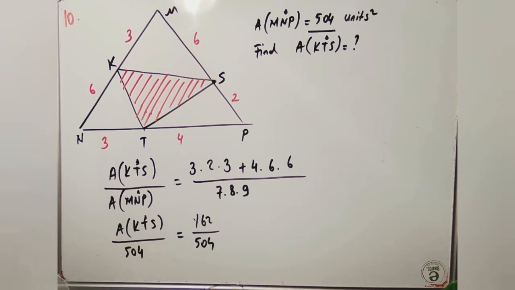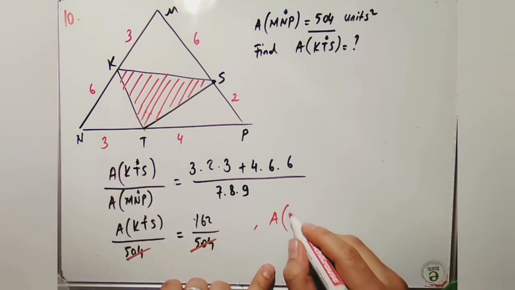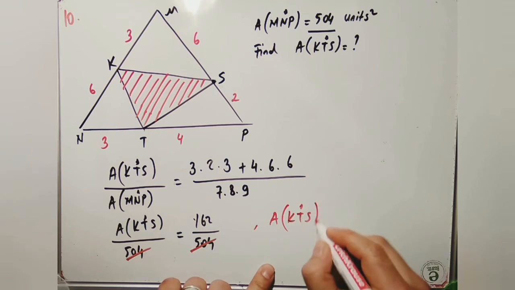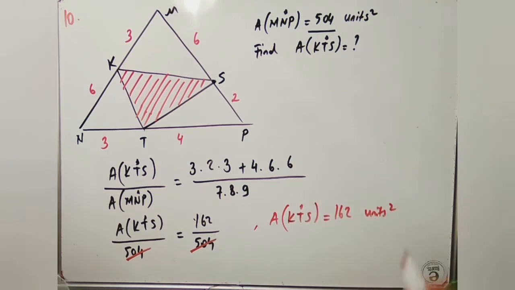So the area of triangle KTS is 162 units square. So we found here the shaded area. It's going to be 162 units square.